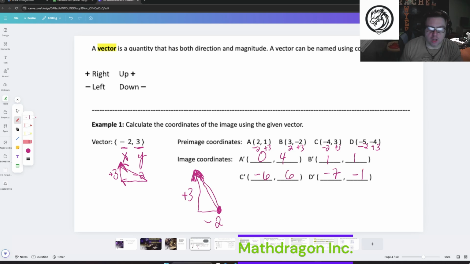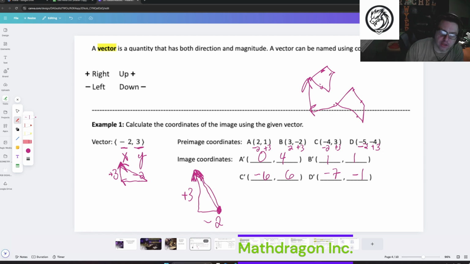And we have just taken this object, the pre-image coordinates, and there's 4 of them, so I guess it's some kind of quadrilateral. We're going to shift it left 2 and up 3 and we're going to get that same shape. Maybe it's a trapezoid. I don't know, because I'm not doing it to scale.